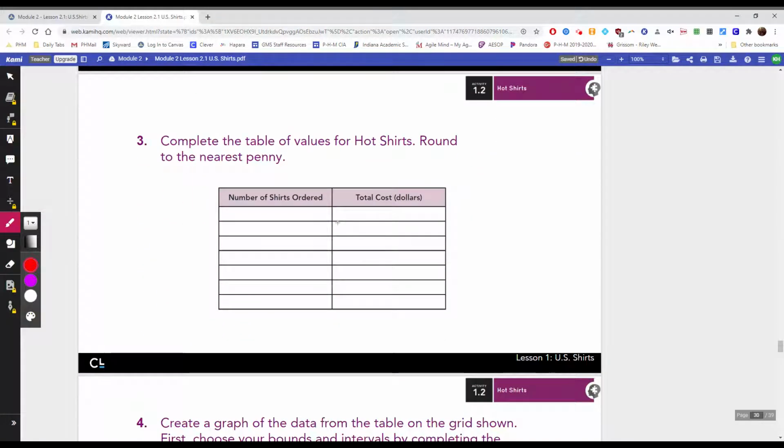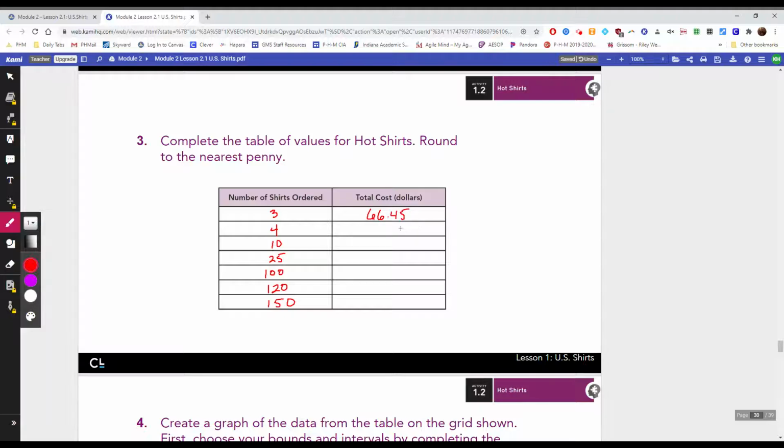Now we're going to complete the same numbers in the table as we did with US Shirts. So 3, 4, 10, 25, 100, 120, 150. We've already found some of these. For 3 shirts, we saw it was 66.45.